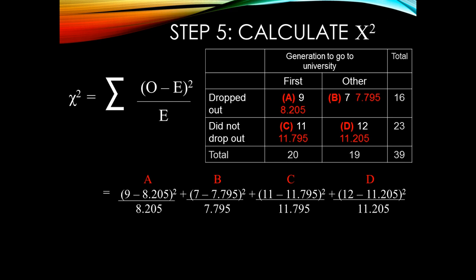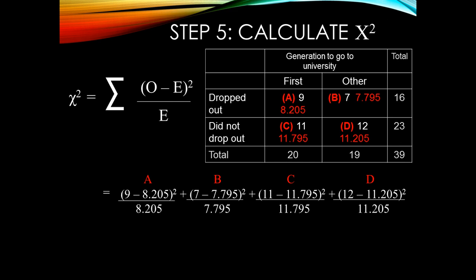So for cell C, bit in the brackets first, we do 11 minus 11.795, and that gives us minus 0.795 again, which we times by itself.